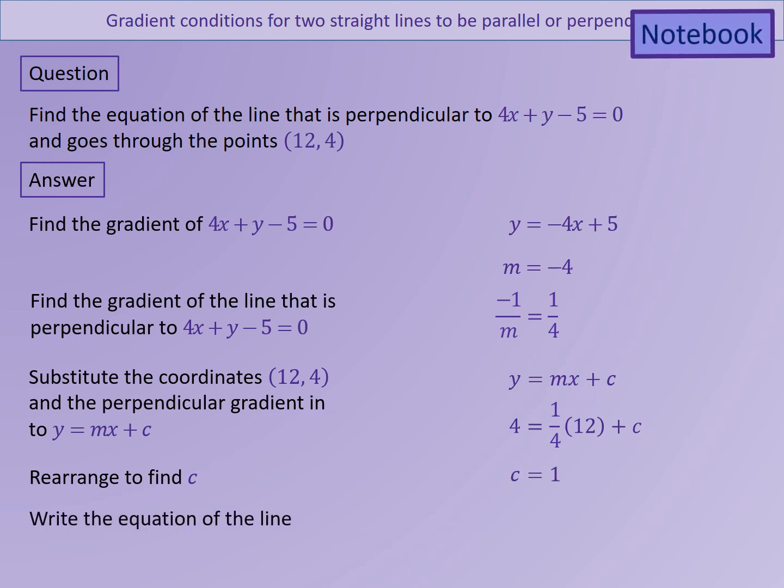And then that leaves me with an equation y equals a quarter x plus 1. I don't need to change that back into ax plus by plus c equals 0 form. It doesn't ask me to, but if it did ask me to, then I would obviously do that. And if you did, this would be the answer.